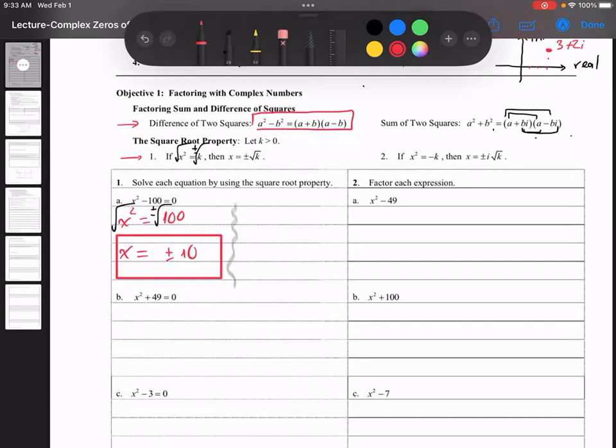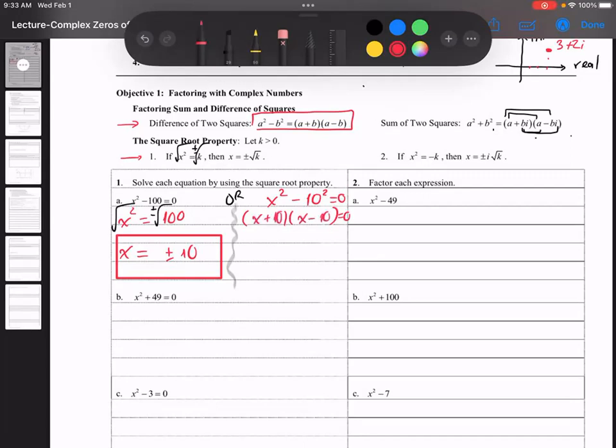Another way I can do it is like this. I can factor, right? So x squared minus 100 is the same thing as x squared minus 10 squared, right? a is x, b is 10. Now I can expand it as a plus b times a minus b. So it becomes x plus 10 times x minus 10.